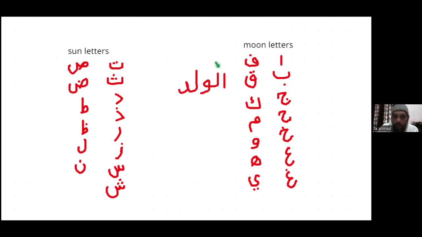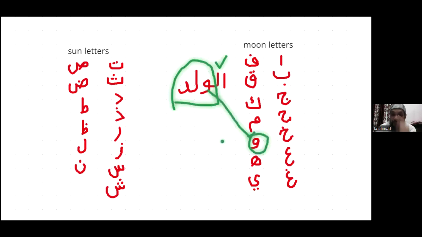Why? Because this word starts with a moon letter. Waw is a moon letter, so you will read lam, al walad. Clear? I hope you have understood clearly.